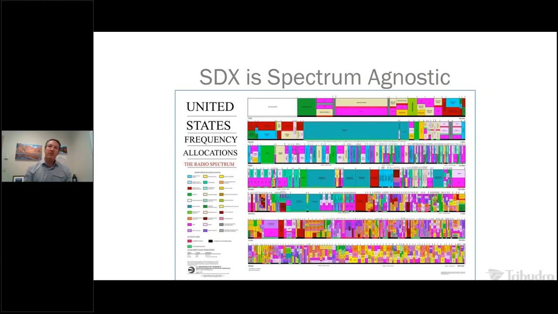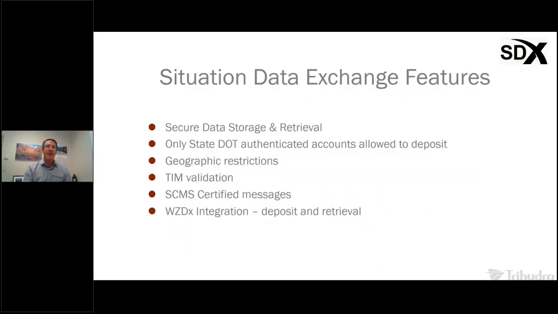So just something to consider: your state can still invest in connected vehicle messaging without having to worry about switching technologies from DSRC to CV2X, or worry about purchasing a particular type of RSU that might be able to do both spectrums. So it's just another piece to consider, and something else that you can save money on while still moving your state forward with connected vehicle technology.